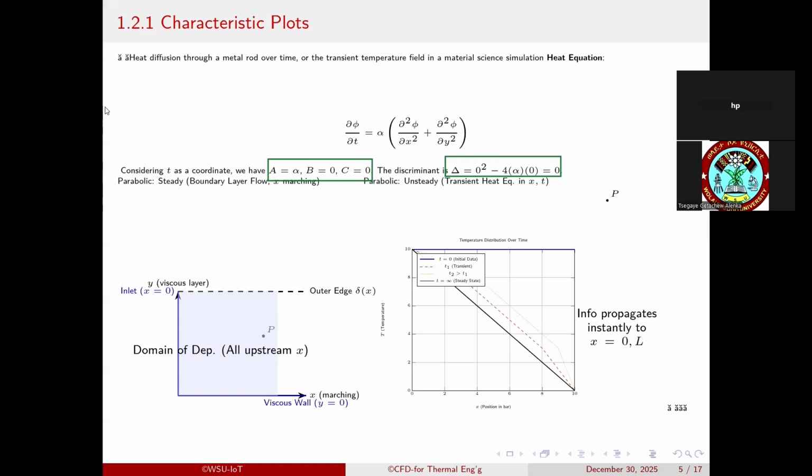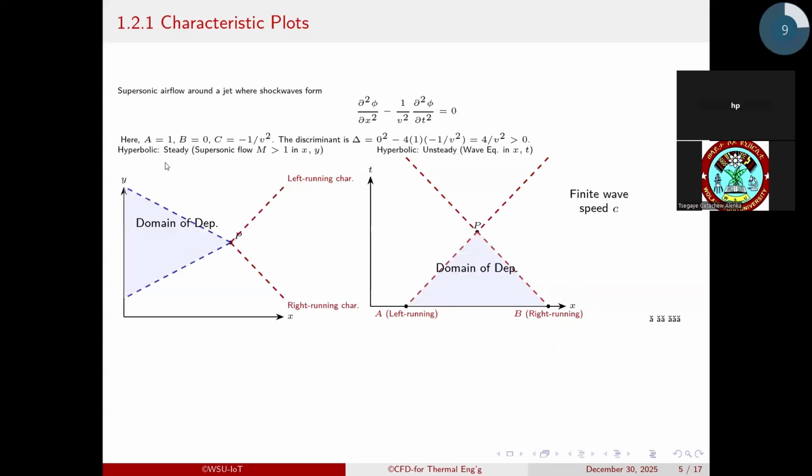The equation is hyperbolic with a positive discriminant that describes wave propagation phenomena. The equation travels at finite speed along the curve.